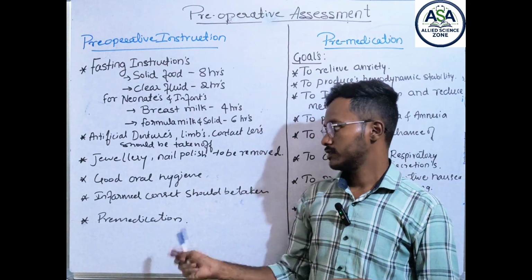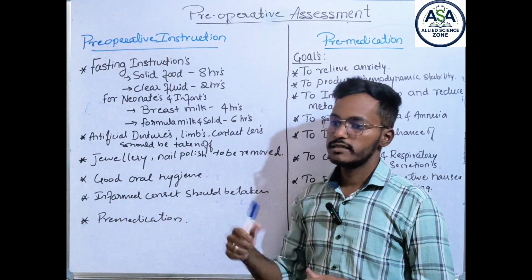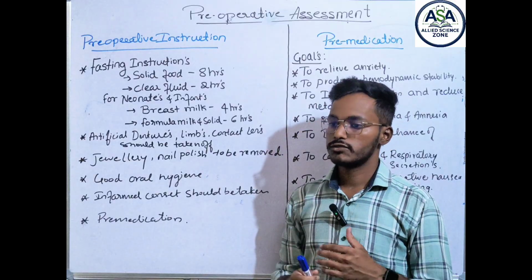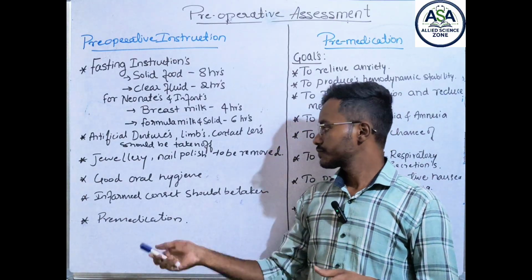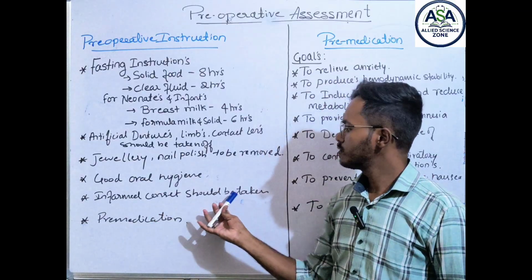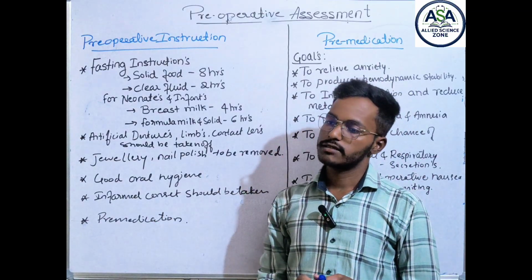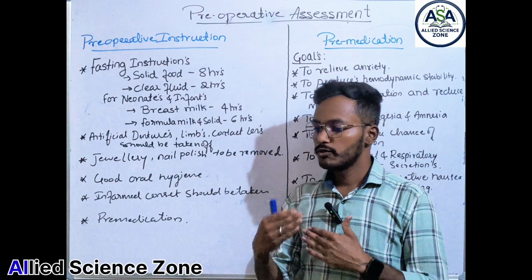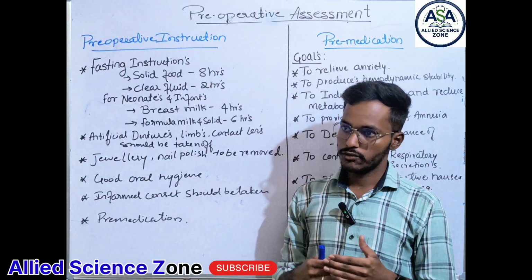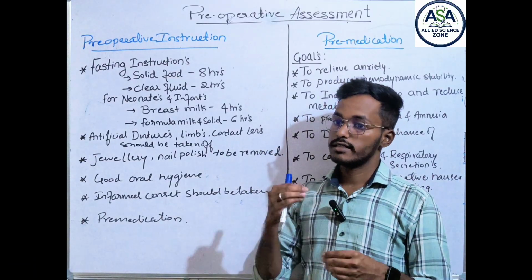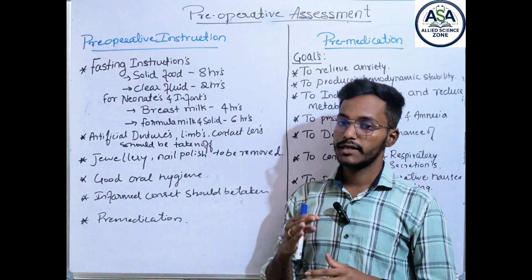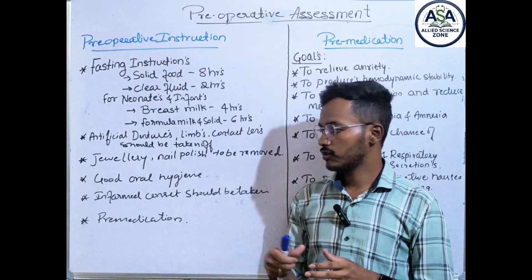Good oral hygiene should be maintained on the day of surgery. And informed consent should be taken pre-operatively, and instructions and guidance about the procedure should be given to the patient.